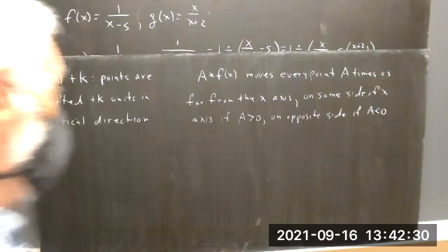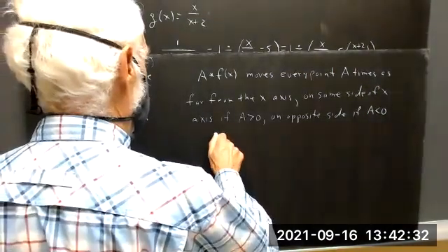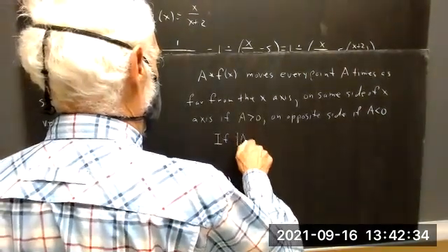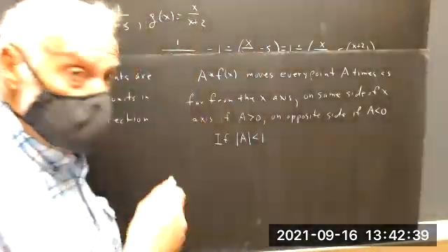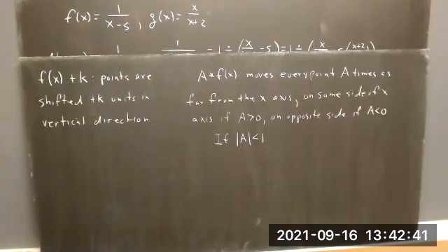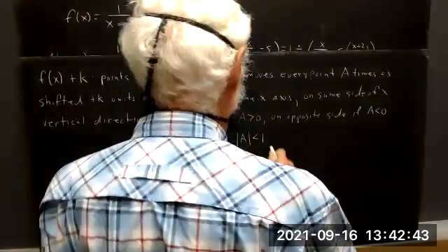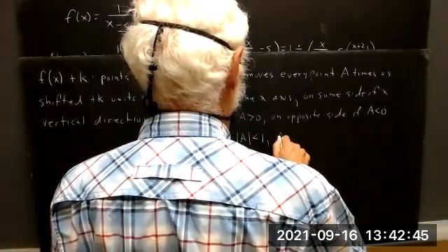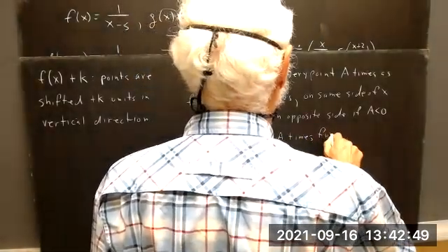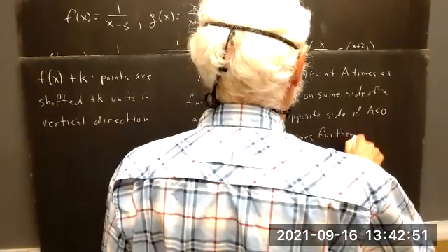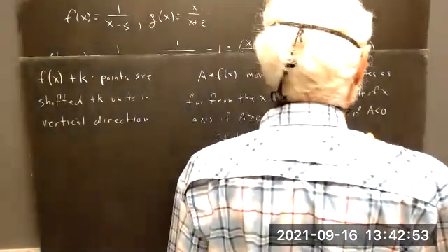And if the magnitude of A, the absolute value of A, is less than 1, A times further is really closer.